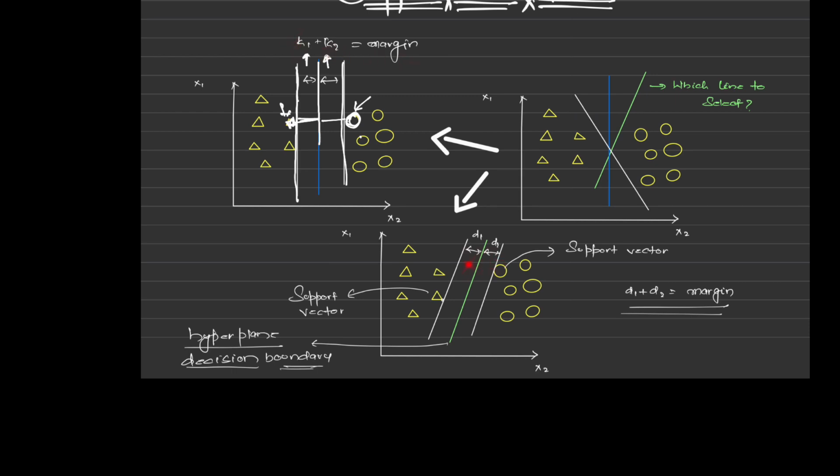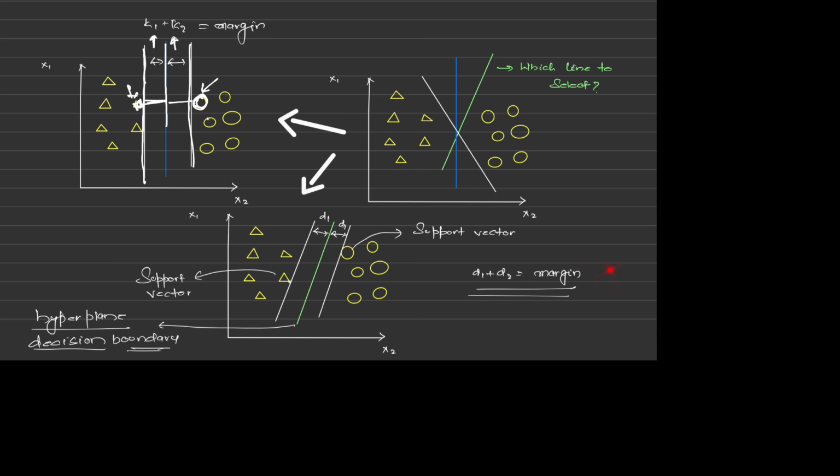The sum of K1 and K2 I will call margin. Similarly, we already did this D1 plus D2. Now I will choose that line as the final line to separate the triangles and the circles where the summation of D1 plus D2 or K1 plus K2, which is the margin, is going to be the highest.